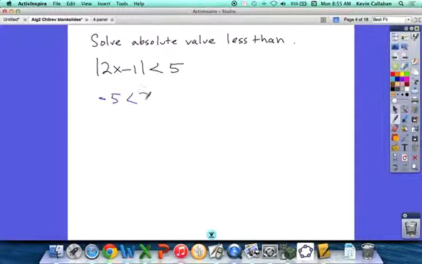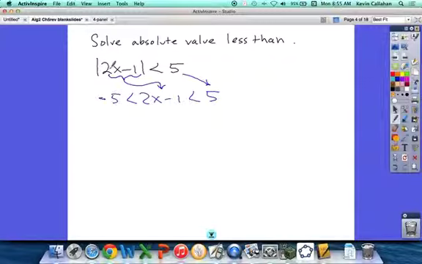Negative 5 is less than 2x minus 1 is less than 5. This here goes in the middle. There's the 5, and this is the opposite. It's telling you this expression inside can be in between negative 5 on the left and 5 on the right.